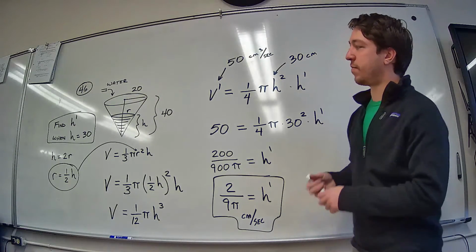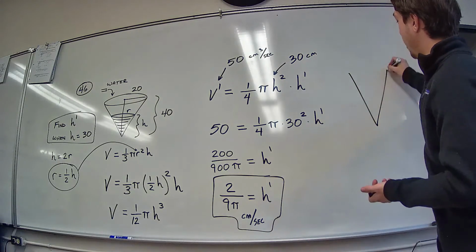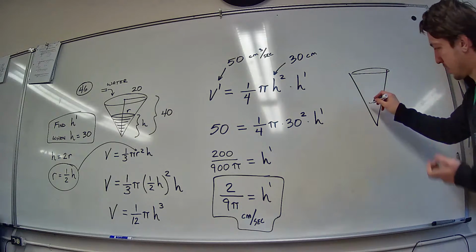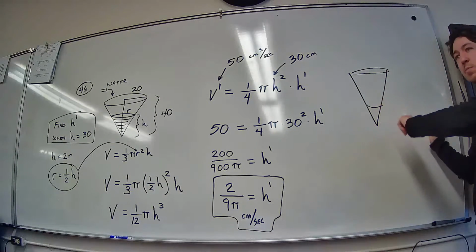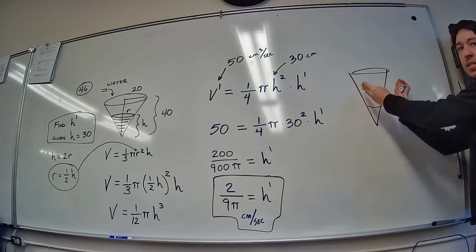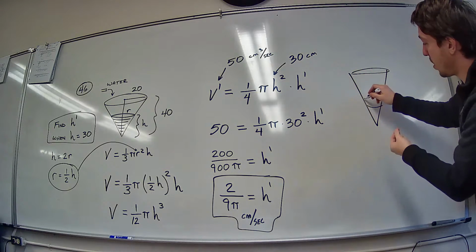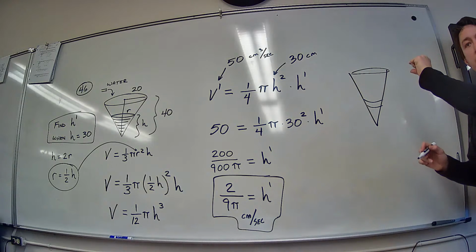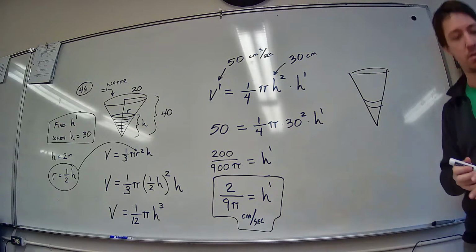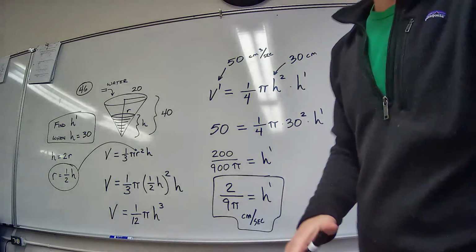Because think about when the thing first starts filling up. If you had 50 milliliters, that first 50 milliliters might give you a few centimeters. But now, since it's a wider container, that next 50 milliliters isn't going to give you as much additional height. Make sense? Yes.